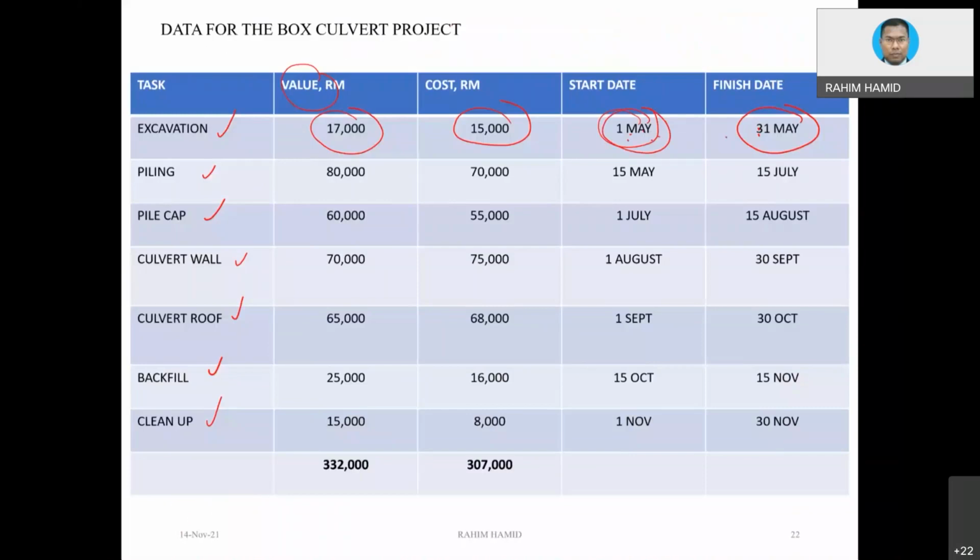Then piling, the value is 80, cost 70, and then pile cap 60 and 55, and you notice culvert. Culvert, the value is 70, but the cost is higher than the value. In a normal situation, not all the work that you do is going to be profitable.